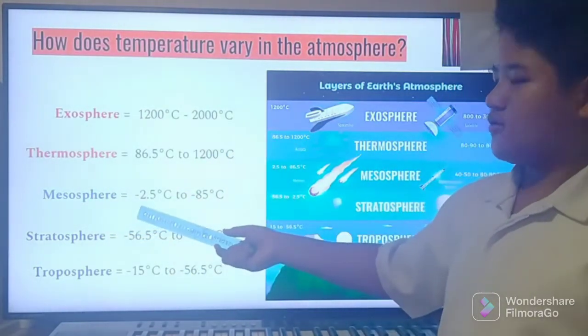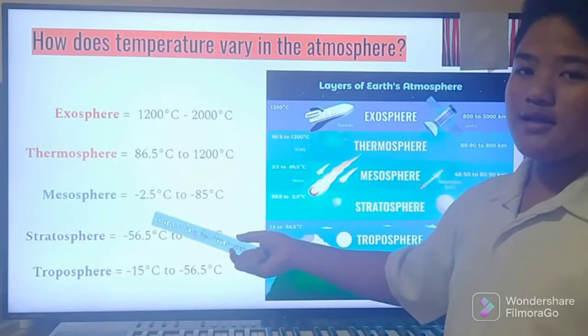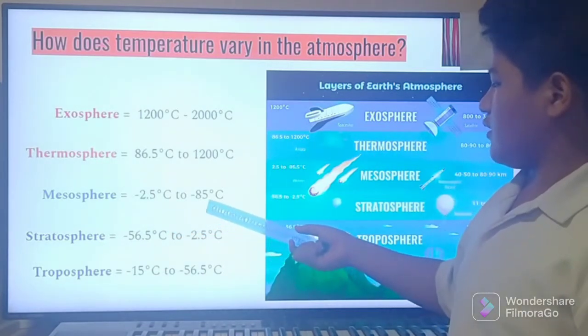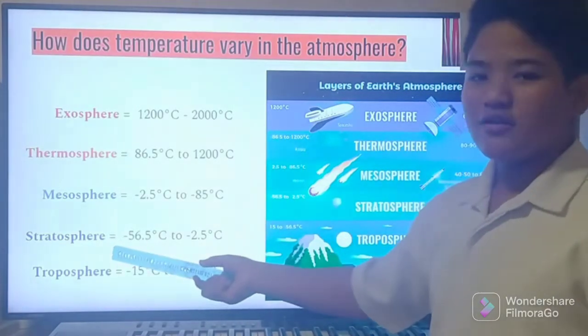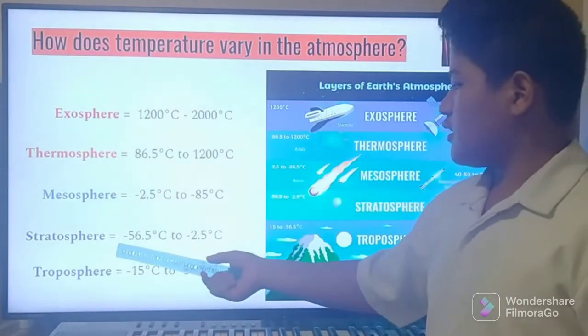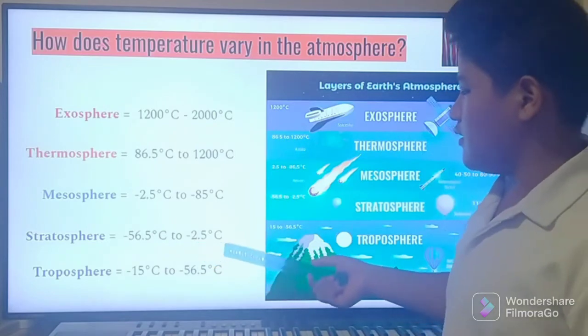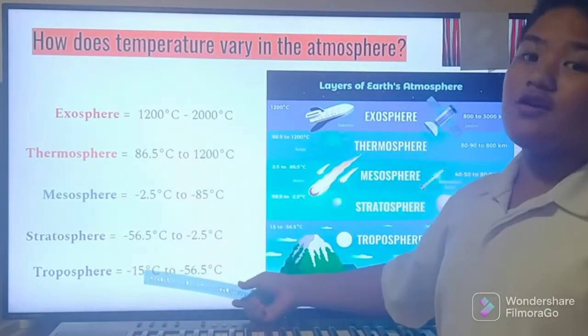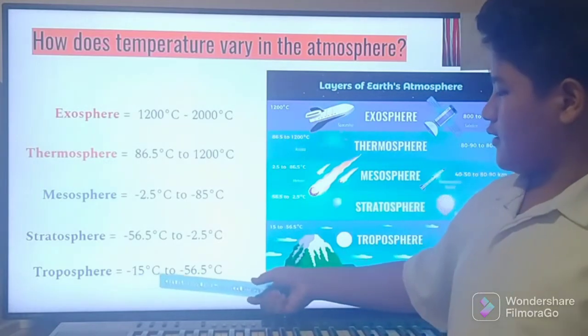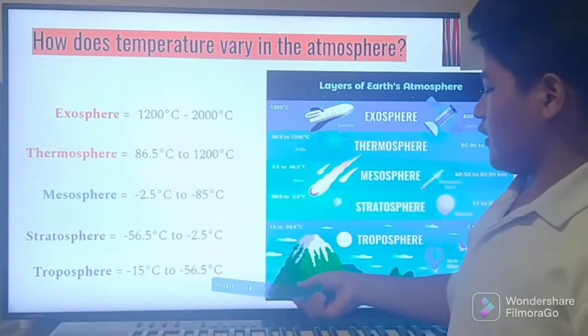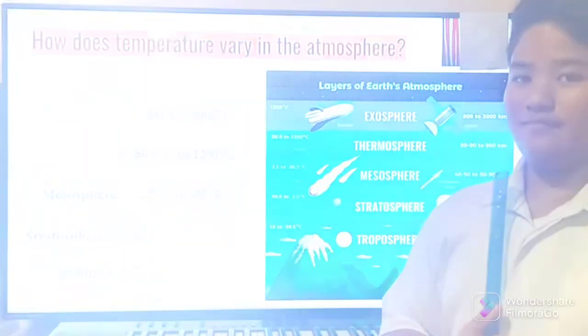Mesosphere: negative 2.5 degrees Celsius to negative 85 degrees Celsius. Stratosphere: negative 56.5 degrees Celsius to negative 2.5 degrees Celsius. Troposphere: negative 15 degrees Celsius to negative 56.5 degrees Celsius.